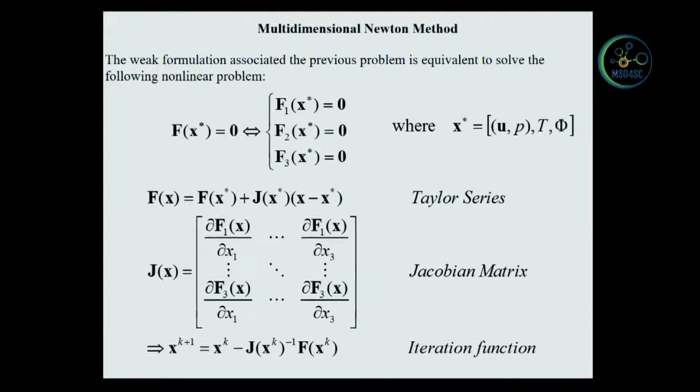To solve this nonlinear problem, customarily we use the Newton method, which looks like that. We have to write our equation with the first order of the Taylor series. And here we have the first derivative, which in this case is the Jacobian of the matrices, and here the iteration functions too.